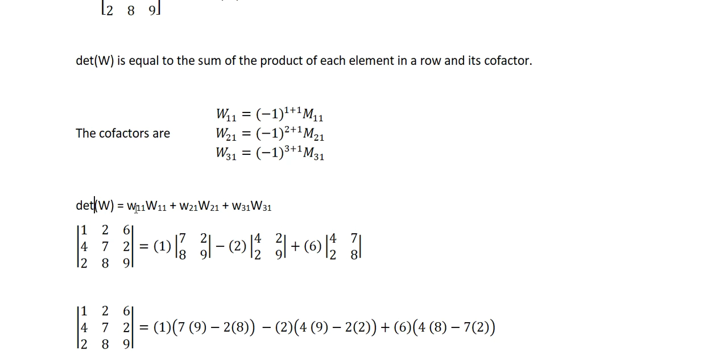Okay, so let's look at these elements here, the lowercase w's: W11, W21, W31. So there's 1, 2, and 6.